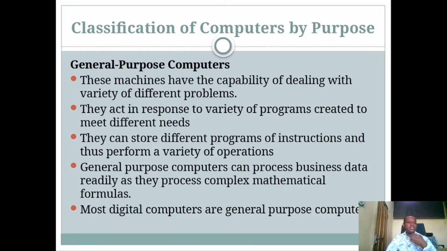So these examples show us that a general purpose computer system can handle a variety of different tasks. You can use it to process business data, and it can also be used to process complex mathematical formulas.